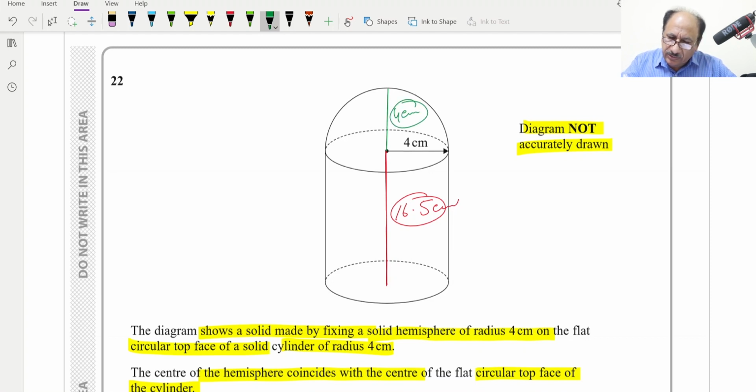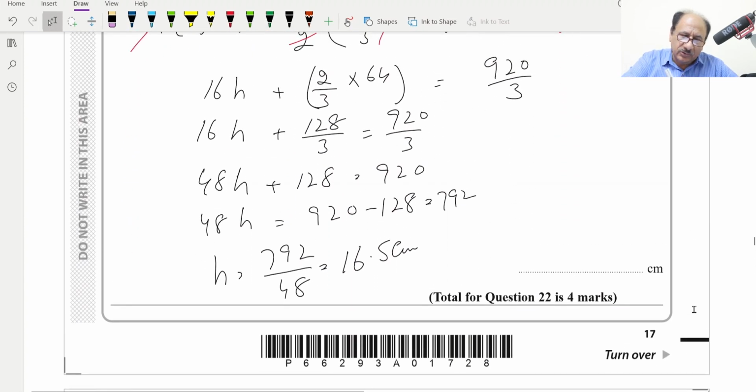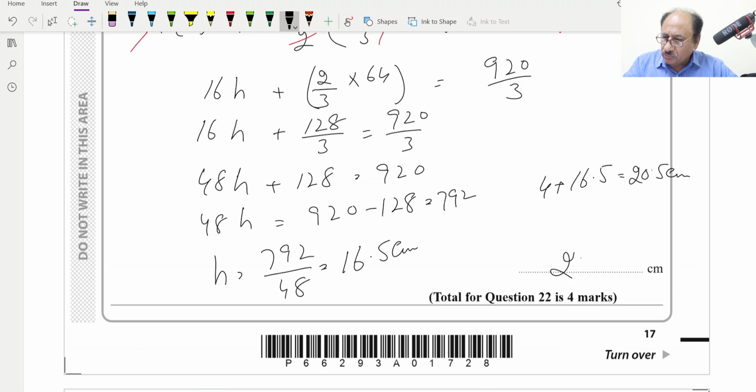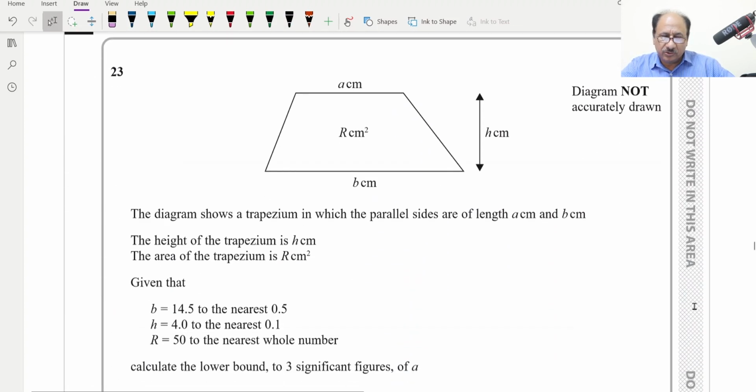So we'll add these two values, 4 centimeters plus 16.5. So we can write here 4 plus 16.5 is equal to 20.5 centimeters. So 20.5 centimeters will be our final answer. This will be the total height which was required.